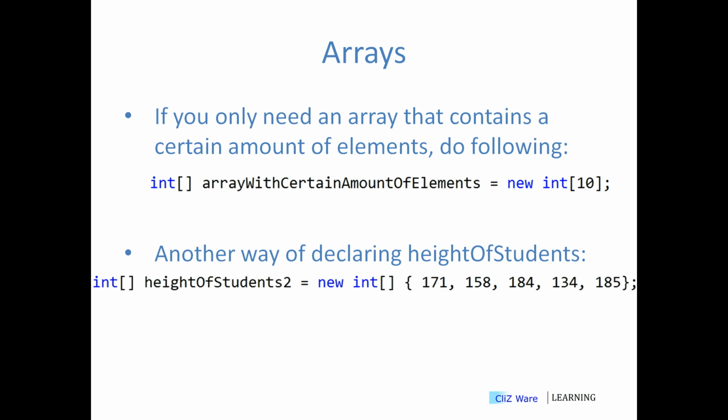So another way of declaring heights of students would have been to just use this notation and explicitly type that it's an integer array. So here int and then equals new int brackets, and then we have these parentheses, enter the values. So we're explicitly telling that this array here that we are putting into this variable is actually an integer array.